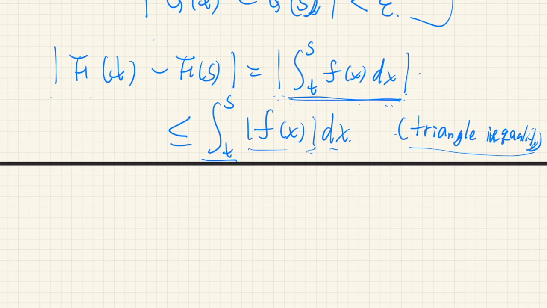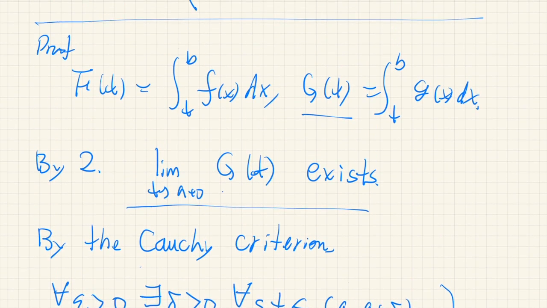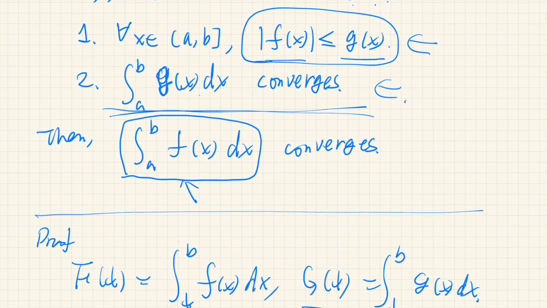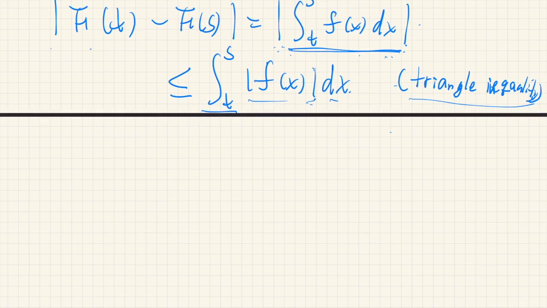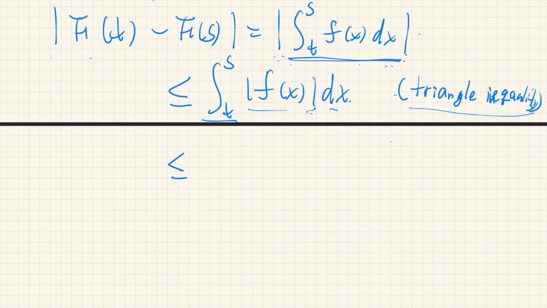Anyway, now we use condition 1. Where is condition 1? Oh, this one. The absolute value of f of x is dominated by g of x. So using that inequality, this is less than or equal to the integral of g of x from t to s.